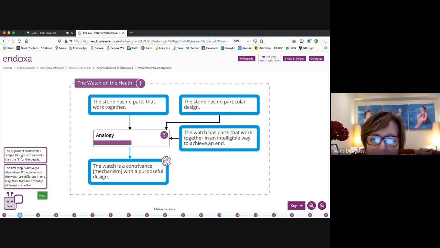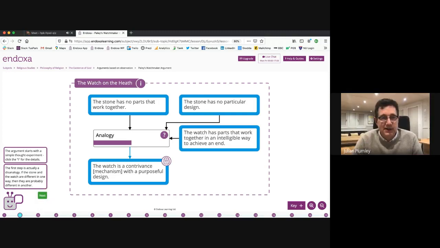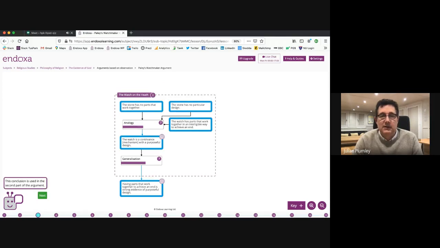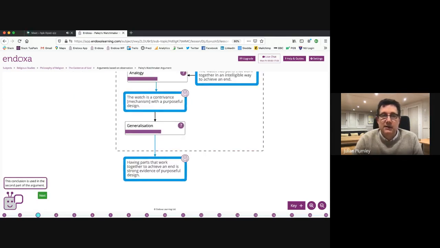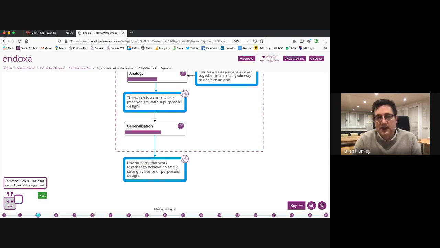Right, we'll go to the second step. And from this statement about the watch, we can generalize it. So you could make this argument about any mechanical device. And the generalization of it is that having parts that work together to achieve something is strong evidence of purposeful design.